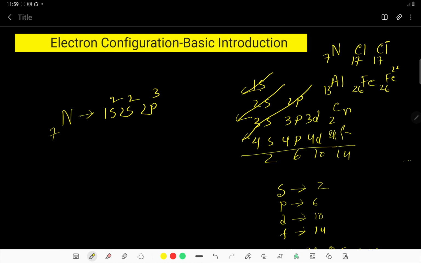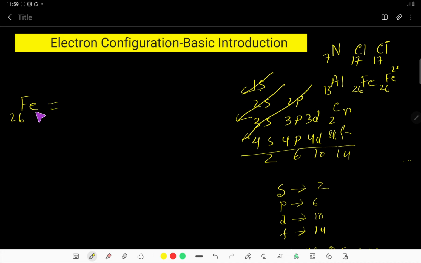Okay, now let us write the electron configuration of iron. Iron is 26. So how to do that?